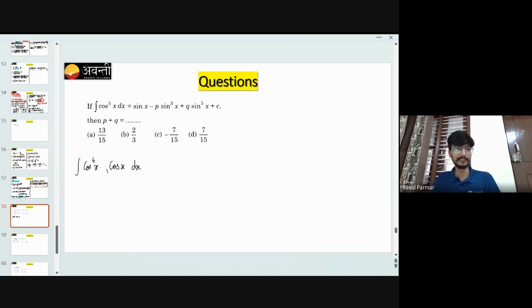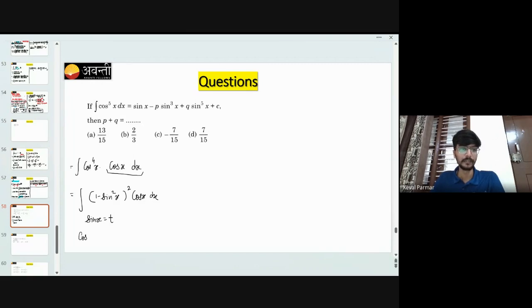Cos x dx means sin x should be kept as t. So for that, cos raised to 4 I can write as cos square x the whole square, and cos square x I can write 1 minus sin square x into cos x dx. Correct?